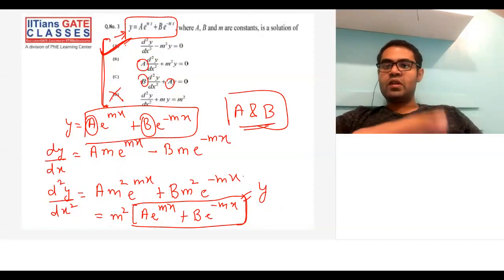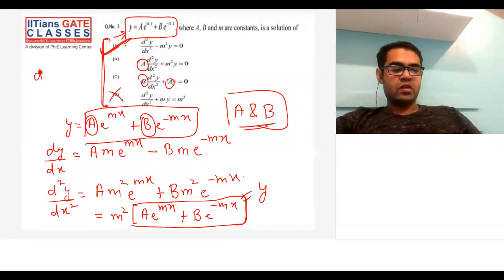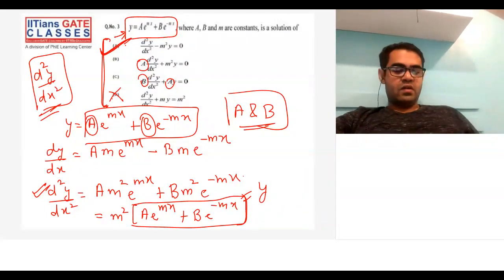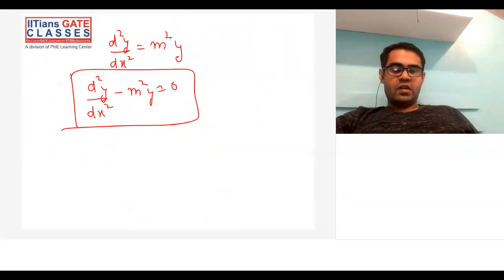So you can go up till second order, and surely this will give you the result. This is how I know I have to take till this derivative, and I don't have to take the third derivative and so on to solve. All right. So this was again a 1 mark question. I hope this question is also clear to everyone.